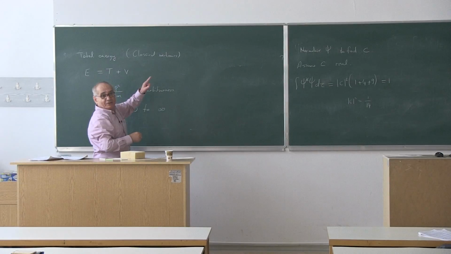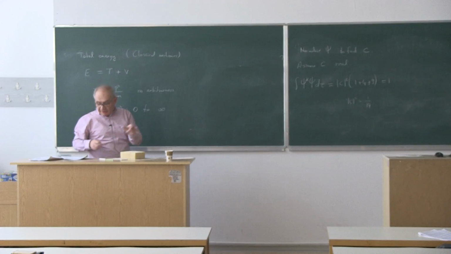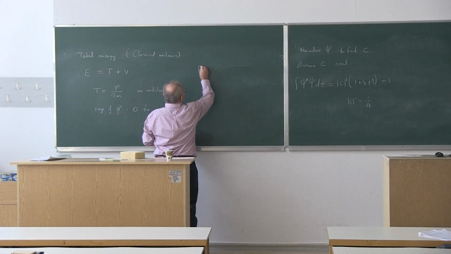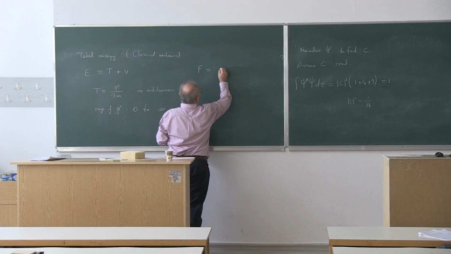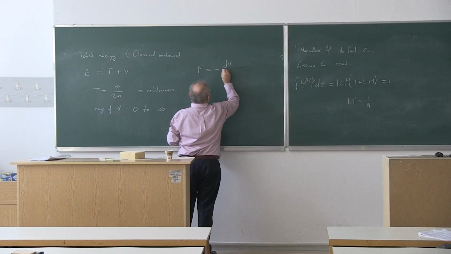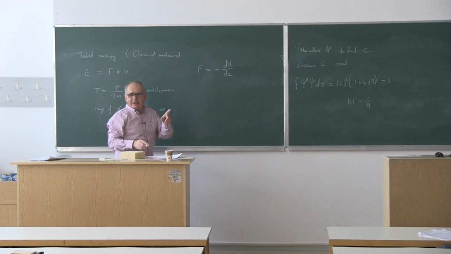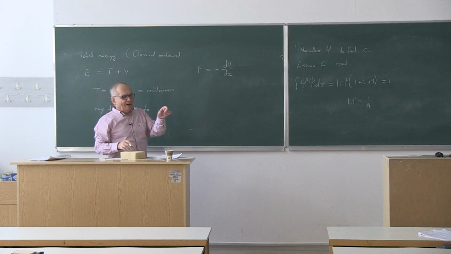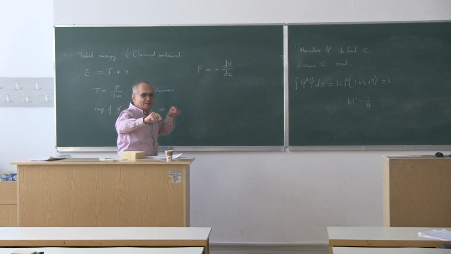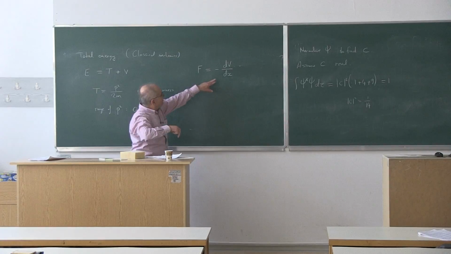Now, we come to potential energy. All right? Potential energy and force are related. This is the force, and if the corresponding potential is V, remember, for simplicity, I am considering just one particle moving along one dimension, so that this particle has only one variable, which I call x.